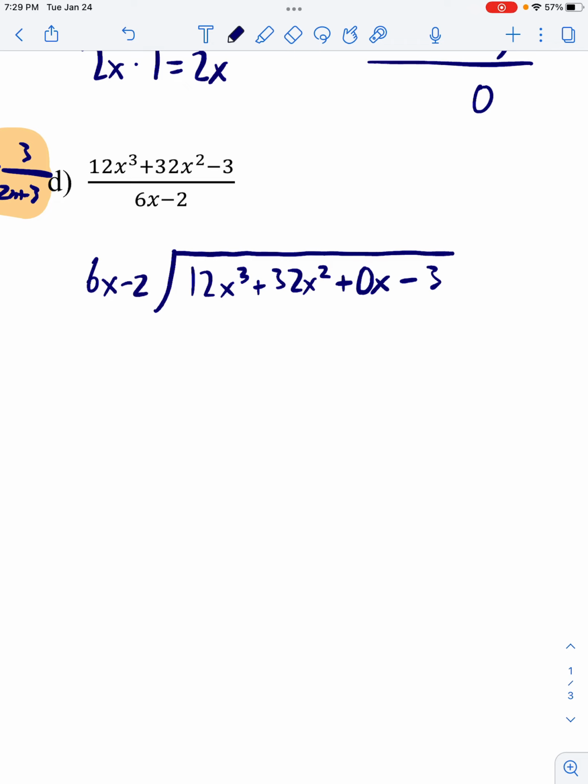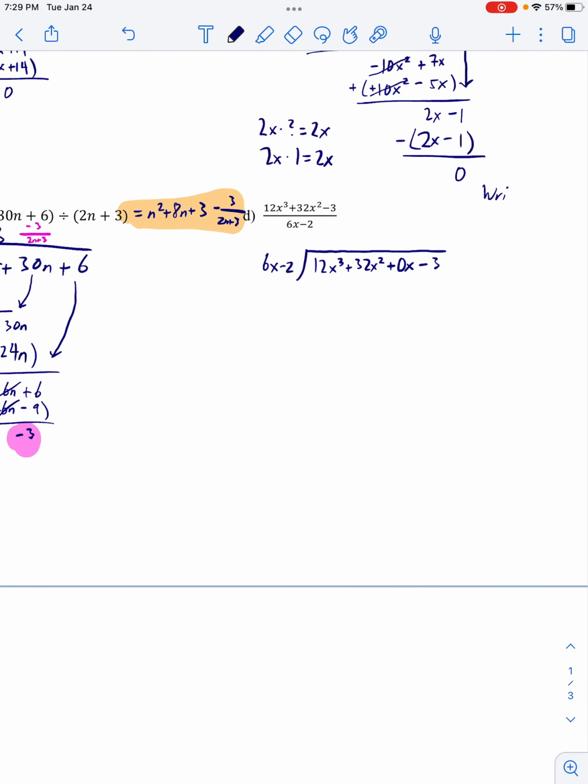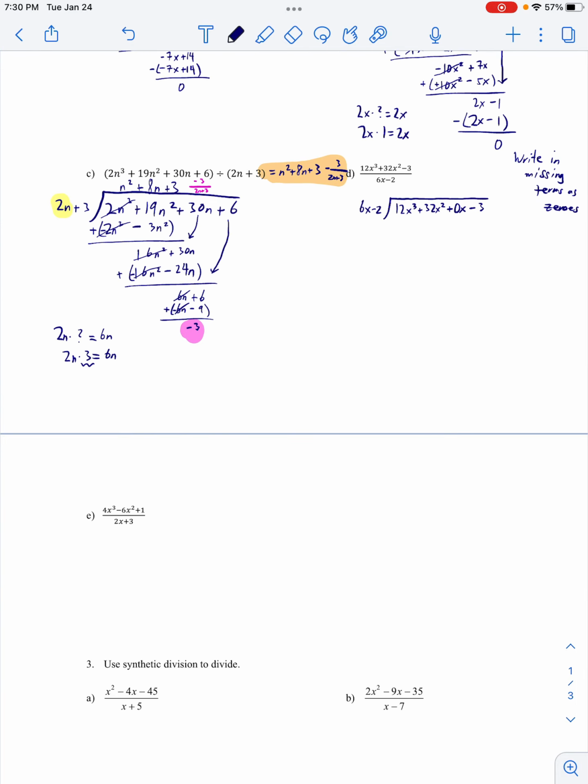Write that down, okay? Write in missing terms as zeros, okay? All right.